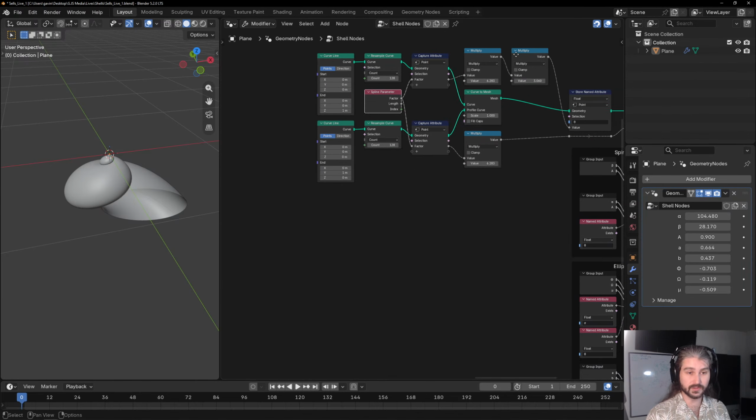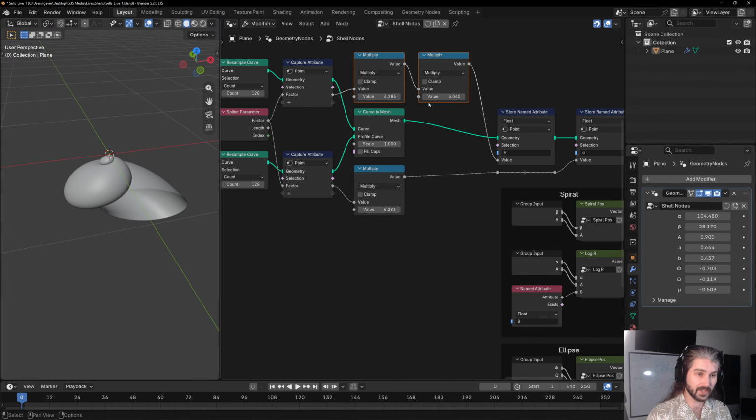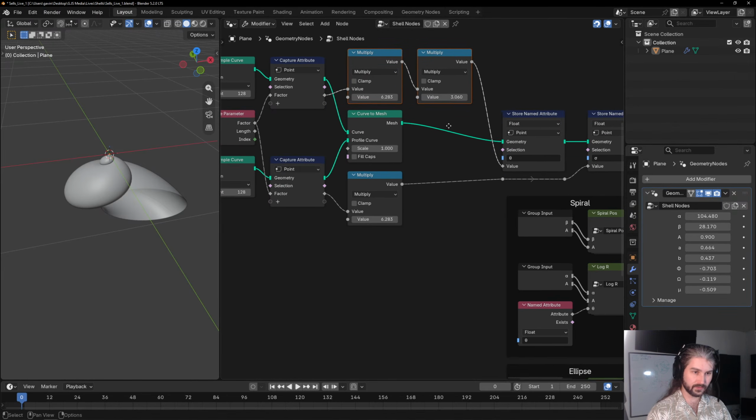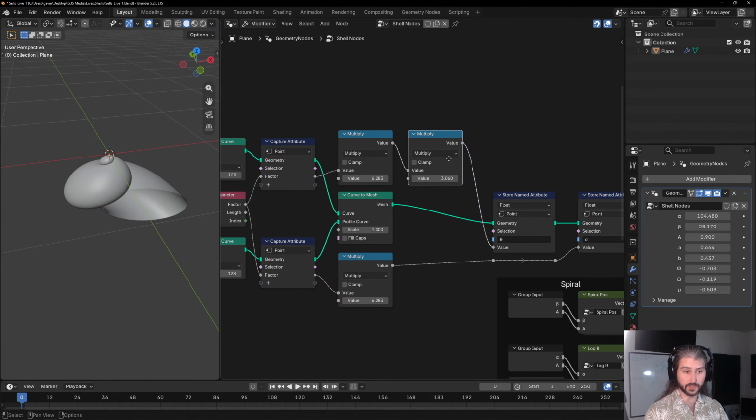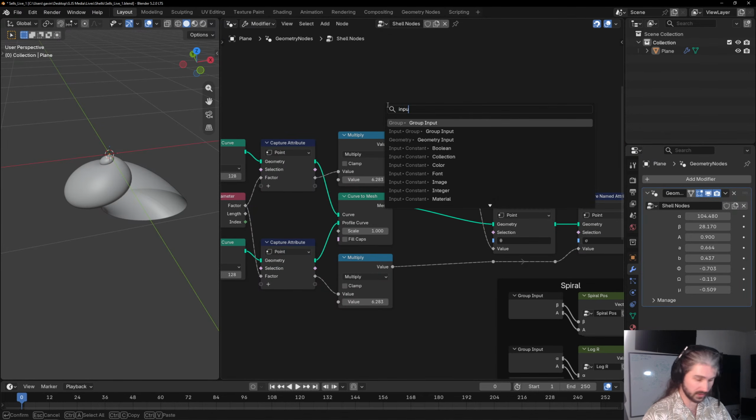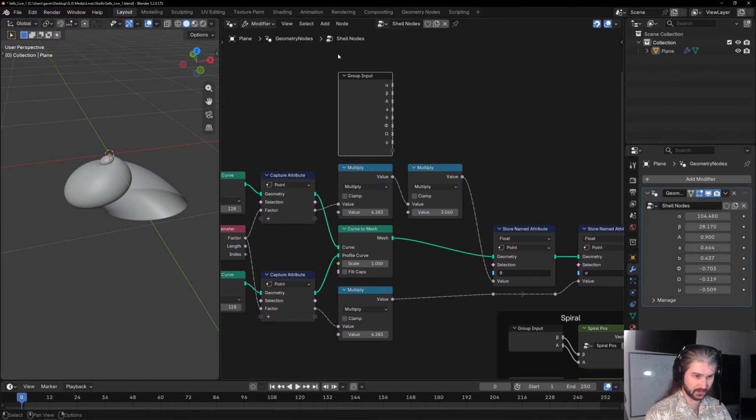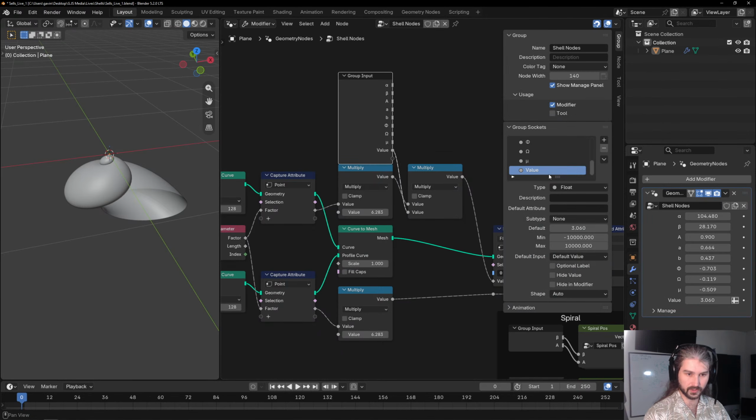We've stored the factor and converted that into a range that makes sense for it to be the angle going around the spiral. We've multiplied that by the number of rotations that we want, which, as I'm looking at this in review, we could call n rotations.